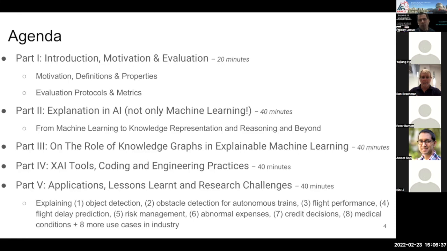When we move to the coding exercise, it will be machine learning focused. Even if the initial scope is not only machine learning, the coding and libraries available focus much more on machine learning models. Then we move to applications, lessons learned, and research challenges.